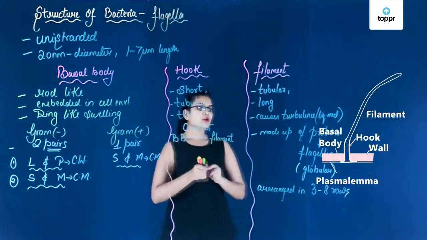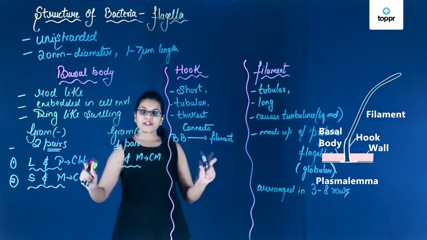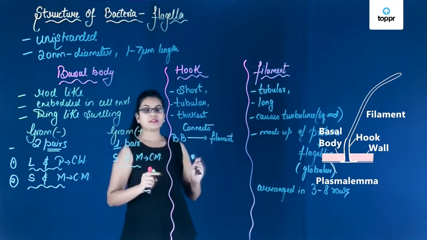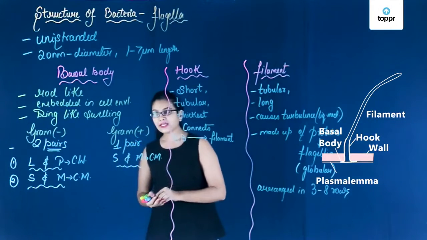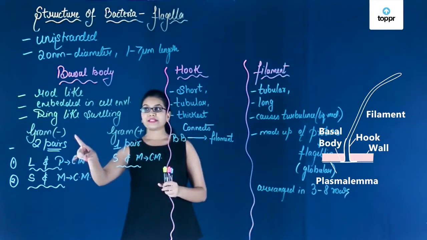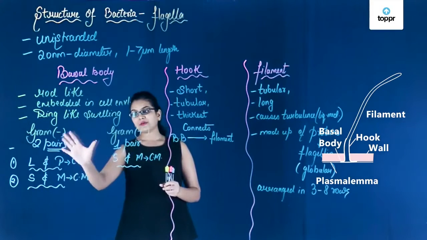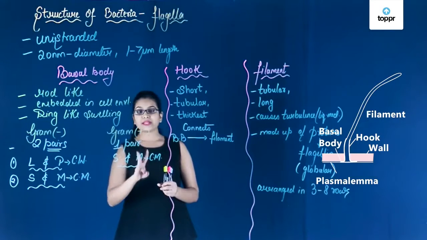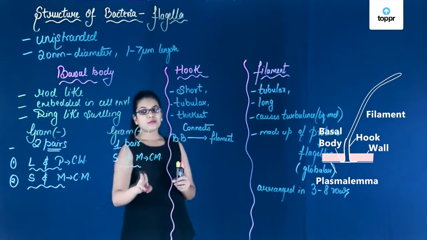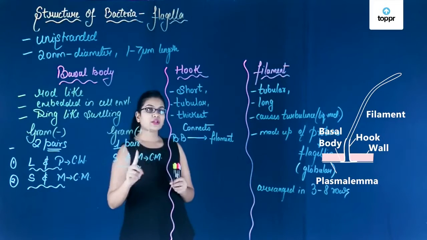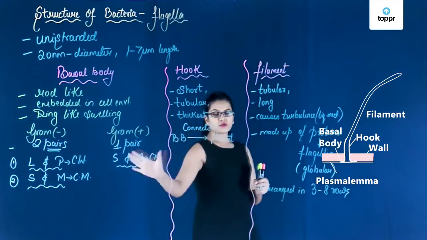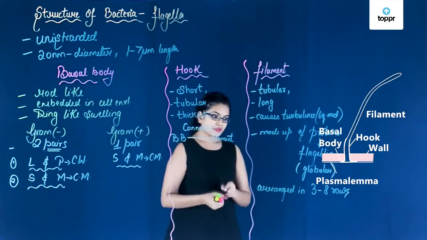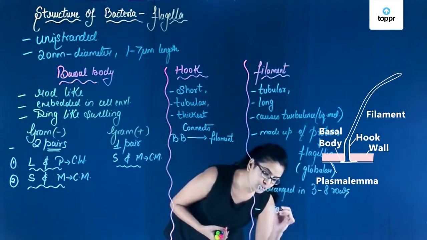Overall, what we have seen is that flagella has 3 different parts. We have learned about the basal body, which is rod-like, and on the basis of the rings present in the basal body, you can say if a bacteria is gram-negative or gram-positive; the gram-negative has 2 pairs of rings, do remember, but the gram-positive has only 1 pair. Coming to the hook, its simple function is to connect these 2 structures. The filament is very important. It shows a rotatory motion.